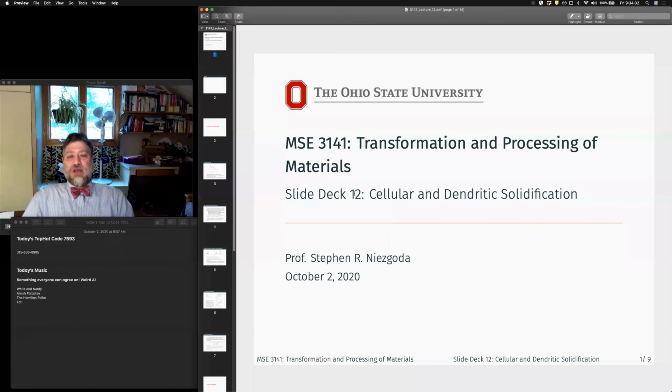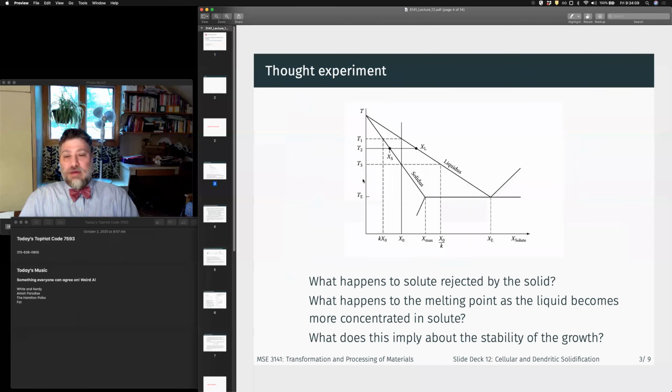We talked about in the previous lecture how, when we're solidifying an alloy, the solute is rejected by the new solid into the liquid. So the liquid becomes more and more concentrated.